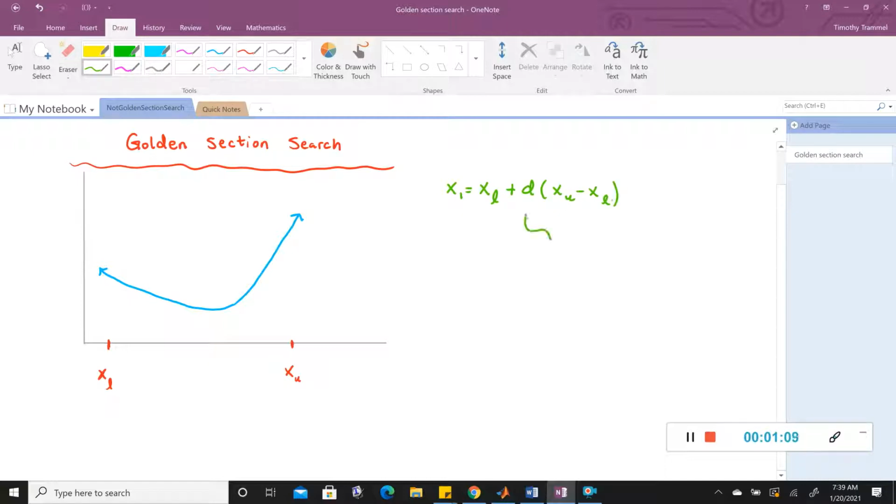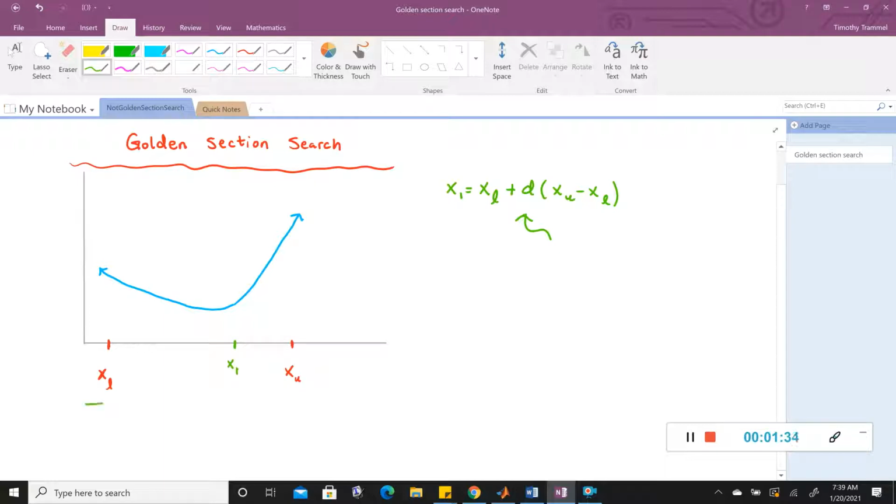And we'll want this number here to be something that's less than 1. That way, when we do compute x1, we actually end up somewhere in between x lower and x upper. Okay. And so let's just say, for instance, that maybe this puts us, how about, let's go right here.